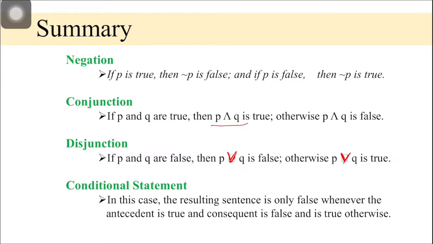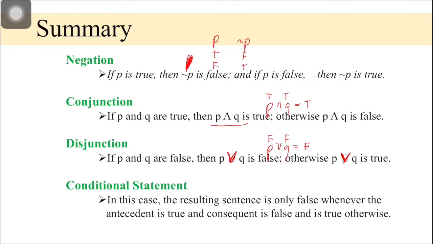So in negation, if P is true, the negation of P is false. If P is false, the negation of P is true. In conjunction, P and Q must both be true for the resulting sentence to be true. In disjunction, P or Q, P must be false and Q must be false for the resulting sentence to be false.